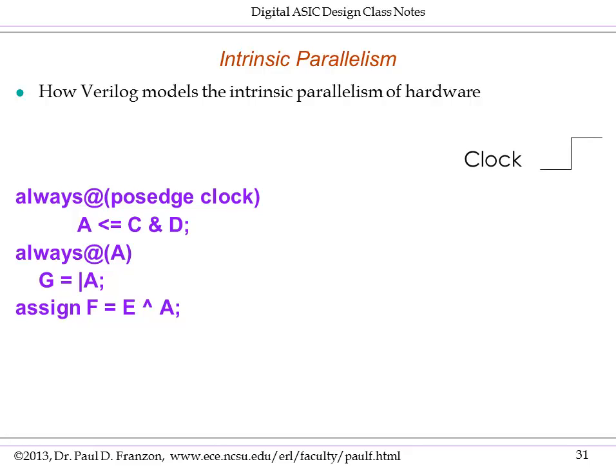So initially we have a rising edge of the clock. That obviously triggers the always at pos edge clock statement, which then in turn changes A. When that changes A, it triggers these other 2 statements that must look as if they change in parallel.